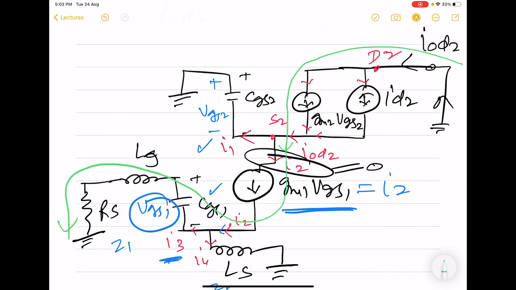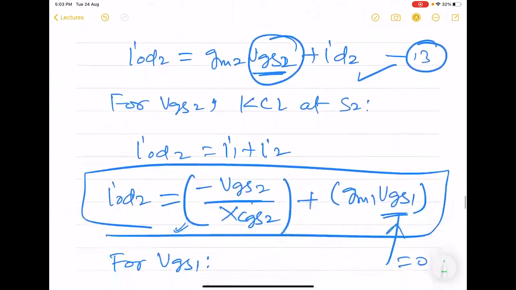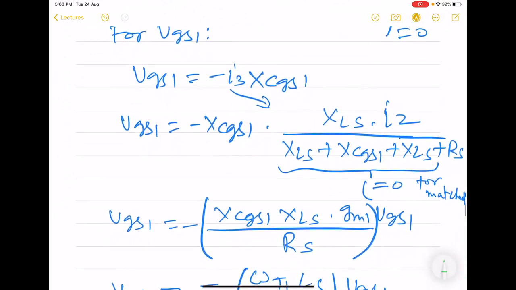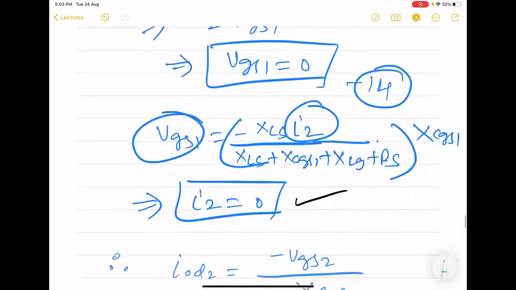So this is the meaning of reverse isolation. And this is happening because I2 is equal to 0. So sort of both gates isolated. And this is also a desirable property, so that this amplifier doesn't radiate back. That means the receiver doesn't become a transmitter, an unwanted transmitter.